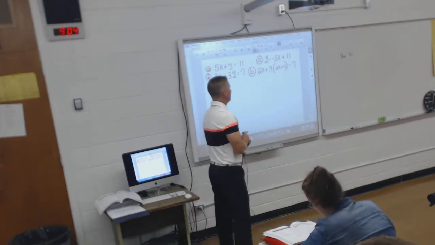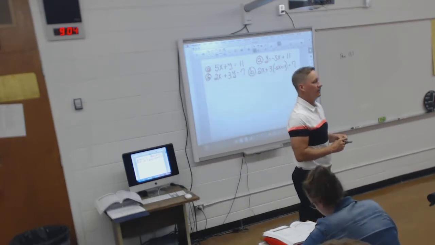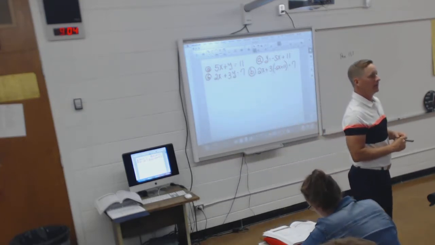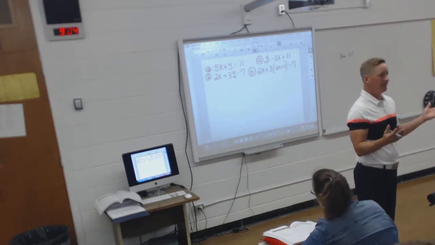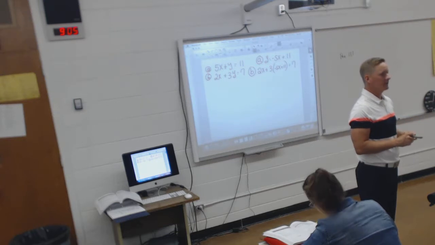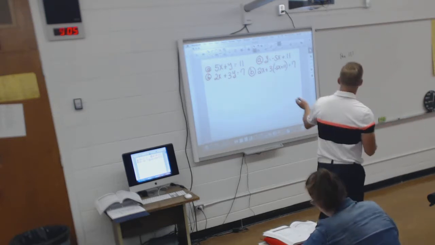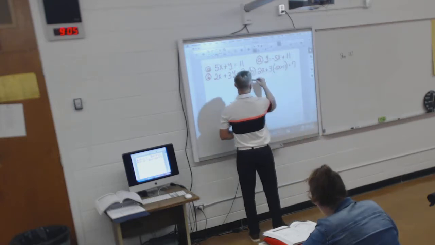Okay. All right. So now, what do you notice about equation B? Yeah, I'm down to one variable, am I not? I'm down to just x. So now I can solve for x. Okay? So the first thing I do is I get rid of my brackets.